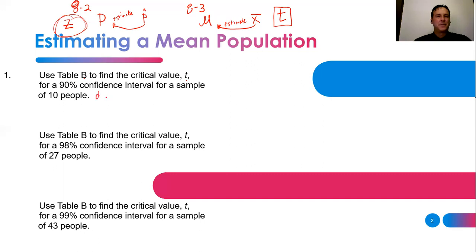It's called degrees of freedom. I don't really want to write out the words degrees of freedom every time, so I'm just going to call that DF, which is equal to n minus 1. In this case, my n is 10. 10 minus 1 is 9.